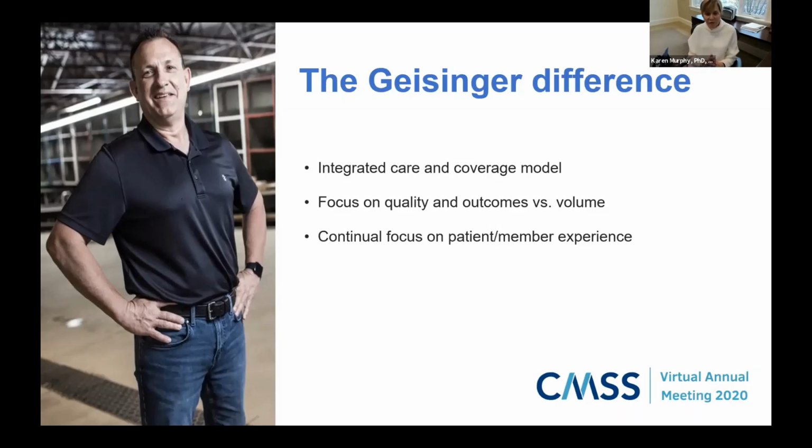And we have found that when we insure a patient and also provide their health care, we can improve the quality outcomes at a lower cost. So our focus is definitely on quality, and we've really moved to value as opposed to looking at volume. And we have a continual focus on the patient member experience.